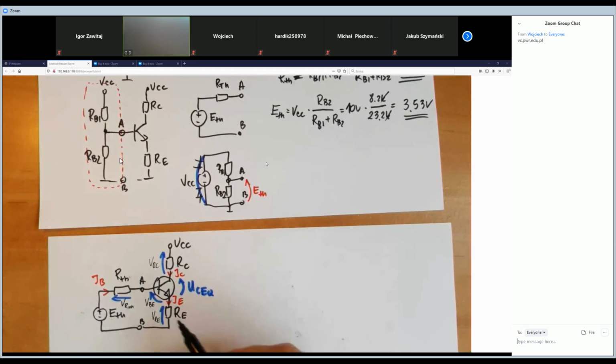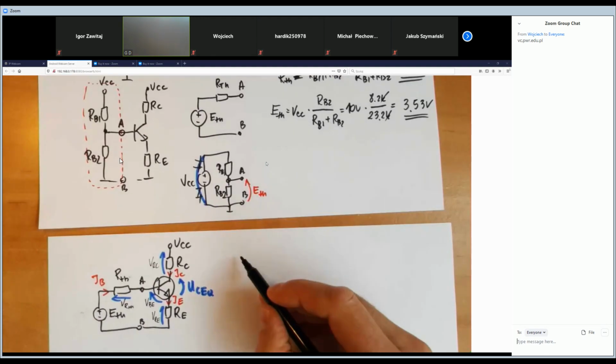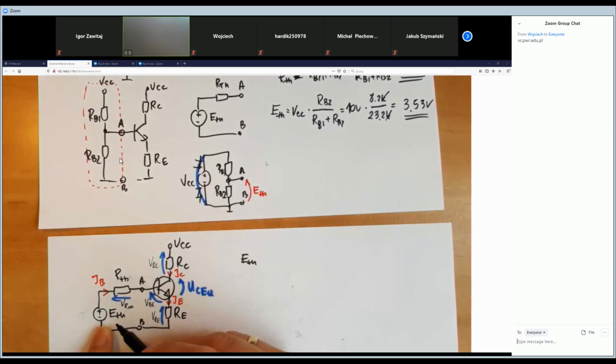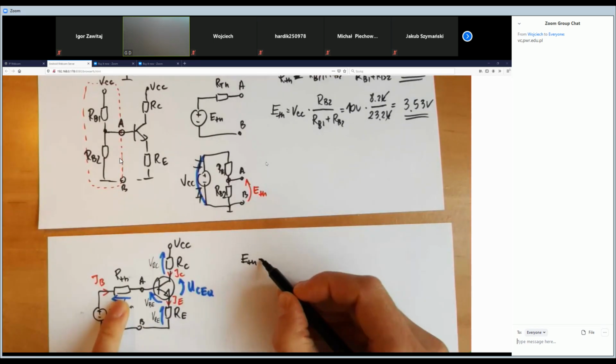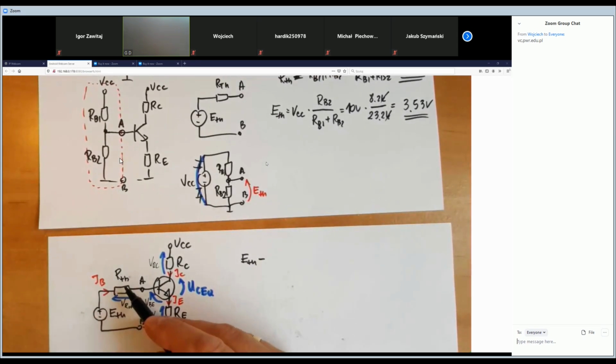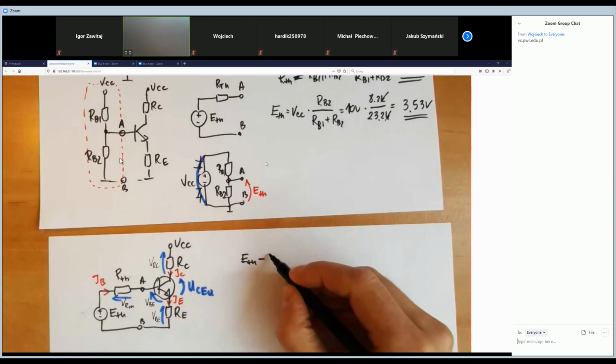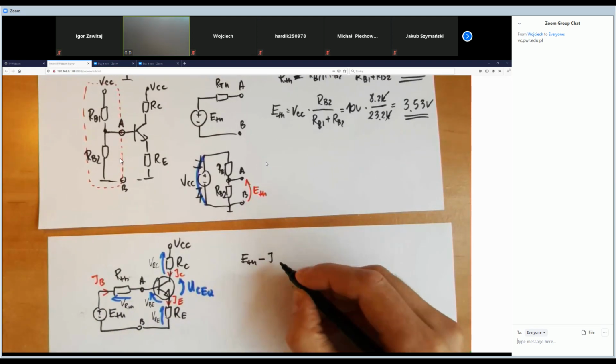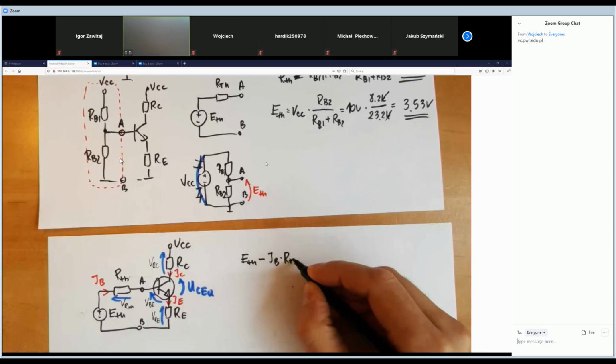Let's say we go in the clockwise direction: ETH is positive, minus the voltage drop on the RTH resistance, so IB times RTH.